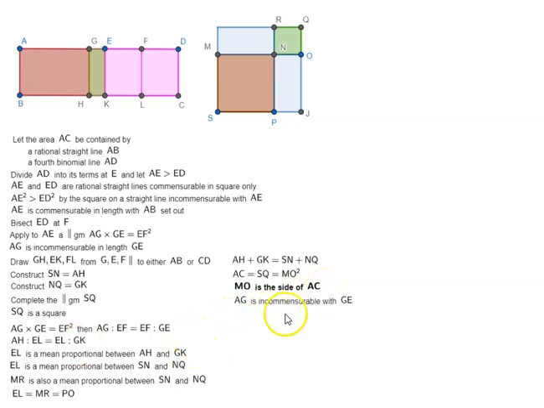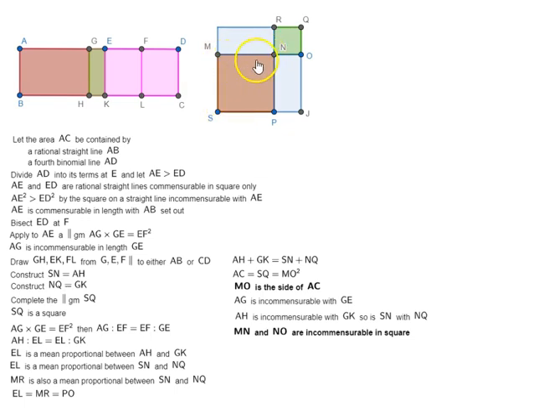Now, AG is incommensurable with GE. AH is incommensurable with GK, and so is SN with NQ.